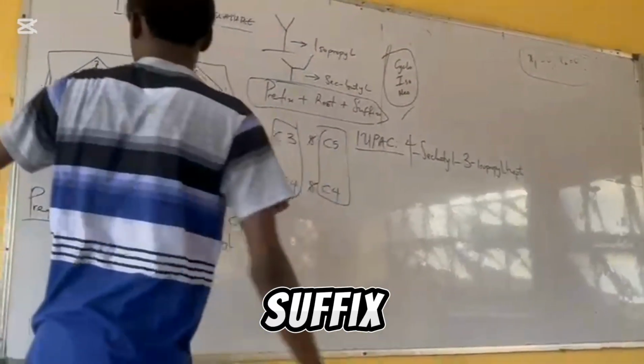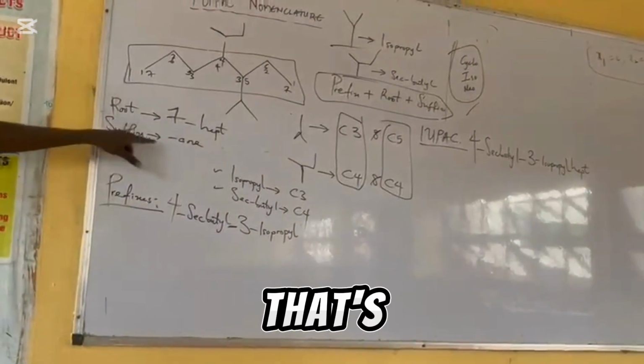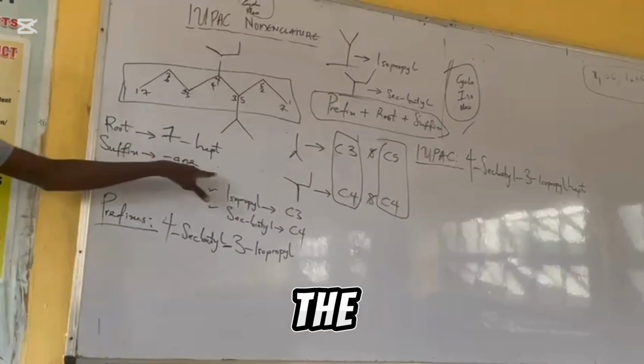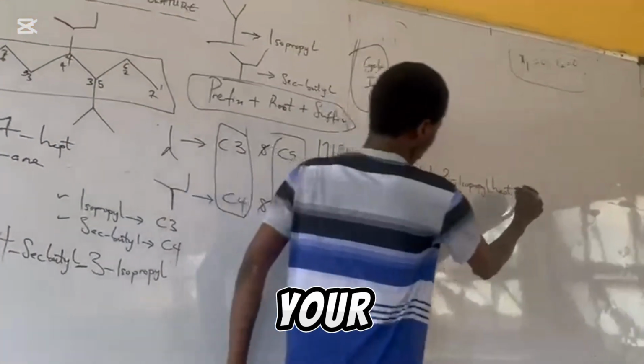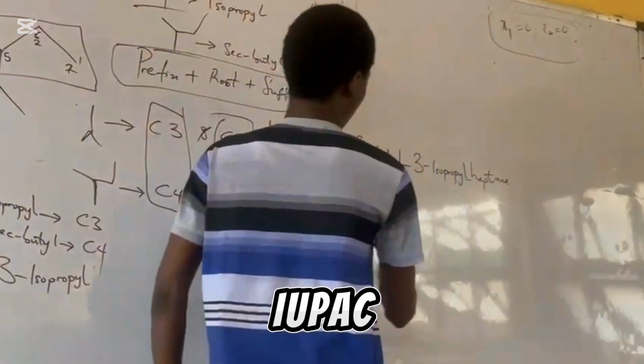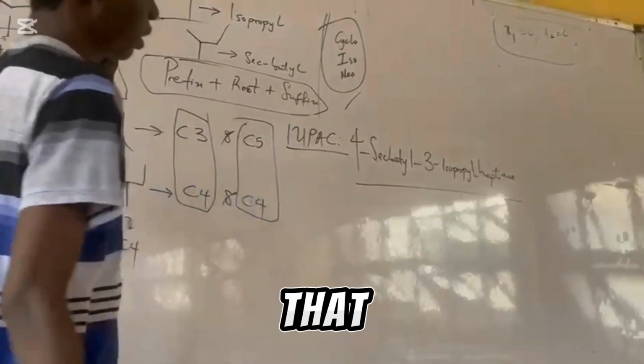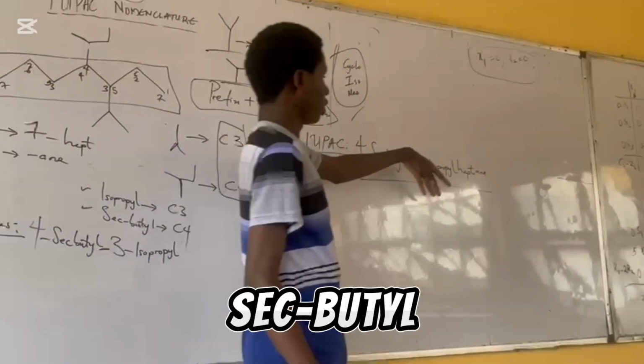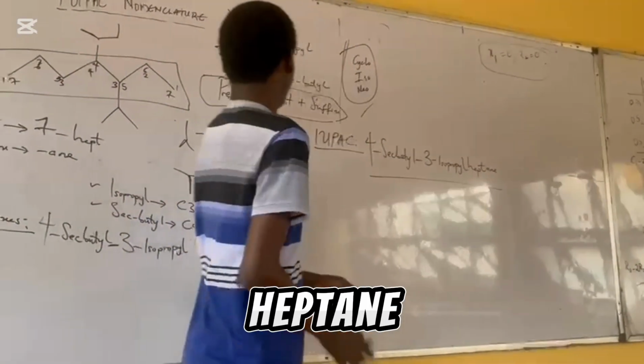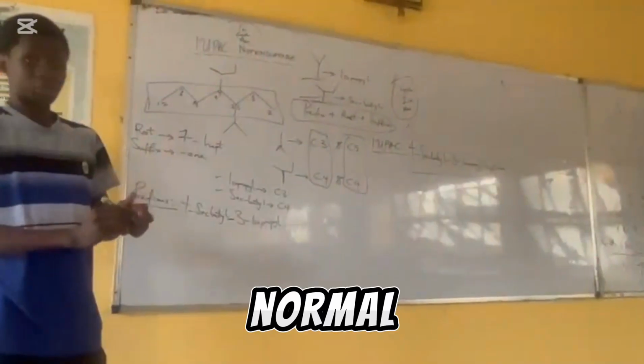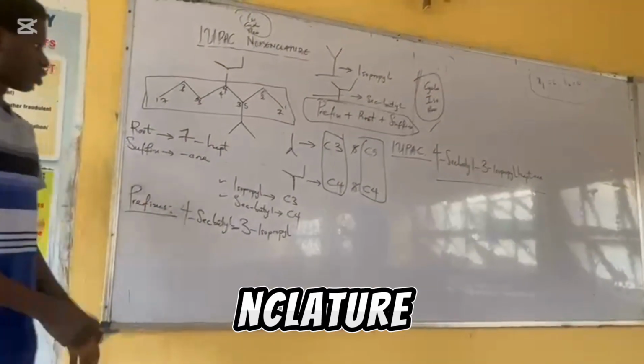Now, the suffix here is -ane. That's why you have this hyphen before the n, so you just don't put your a. And that's how we name this kind of compound: 4-sec-butyl-3-isopropylheptane, following the normal formula for writing the IUPAC nomenclature. That's all.